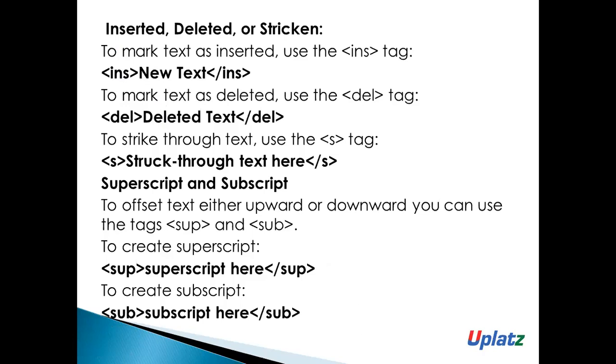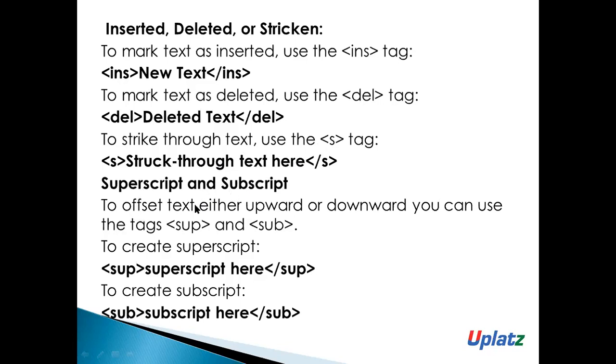In between a del tag, you can use whatever text you want. To strike through your text, you need to use the s tag. So basically the s tag is used to strike your text, and it will have an opening and closing tag as well. So superscript and subscript.